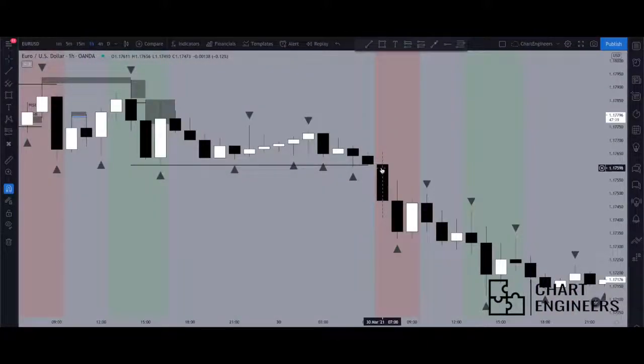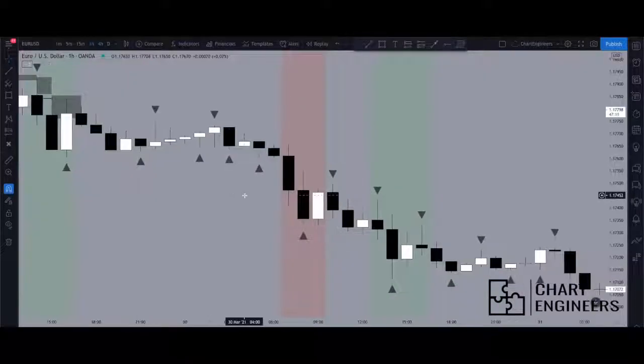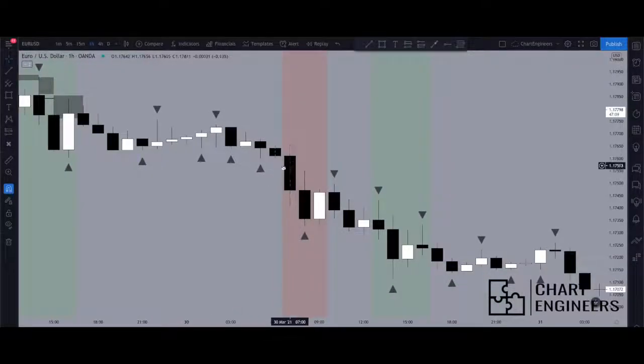So here's the 7 AM candle and price closed below the H4 sweep, so we can delete that. And price actually leaves a fair value gap over here. So here's your fair value gap.